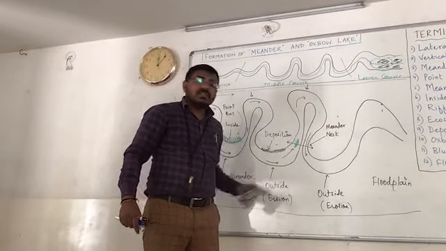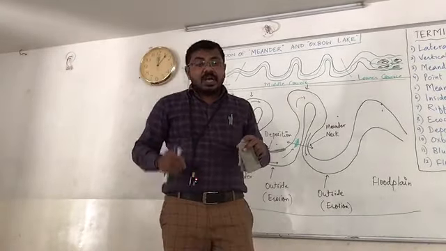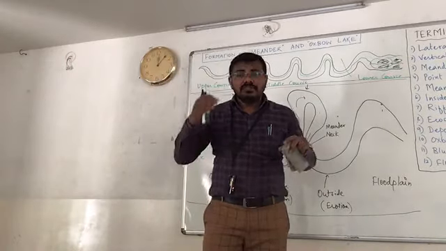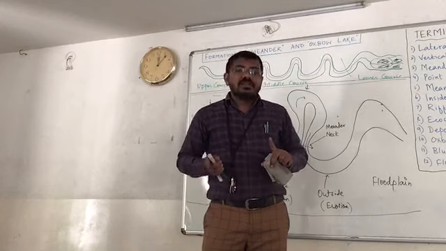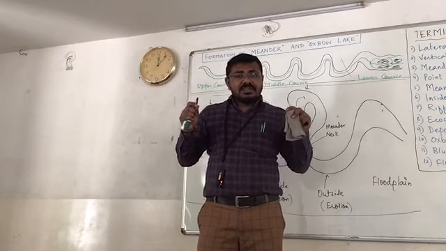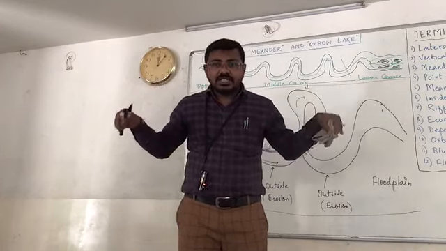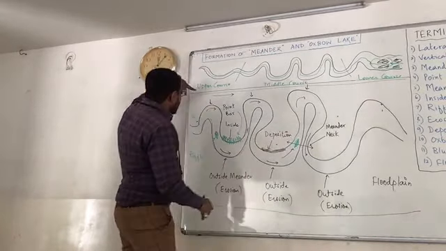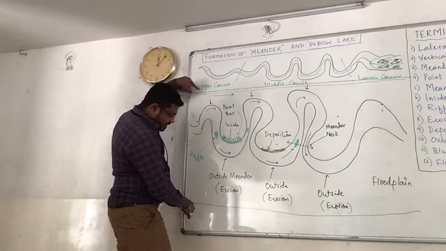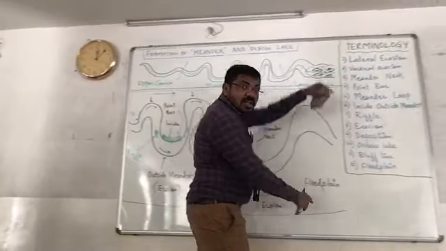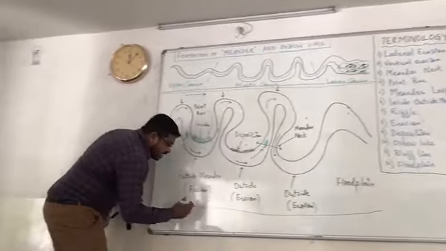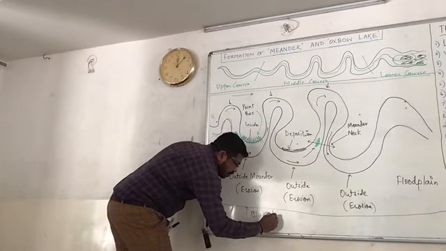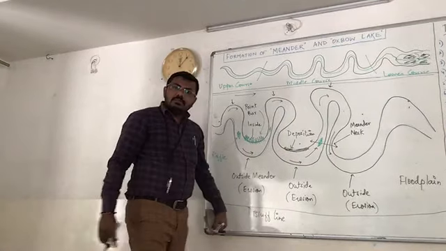Flood plain means the area which can be flooded by a single river system. When a single river is able to flood the entire area, it is known as a flood plain. And this is the boundary. You can see this line is showing the boundary. That boundary line is known as the bluff line. This is your bluff line.